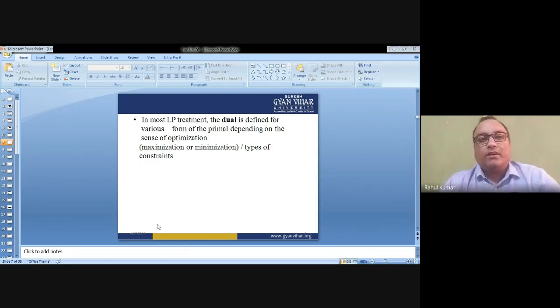Here, there are a lot of differences between the dual and the primal function. The primal function is always used as a maximization of the problem, but the dual function is always used as a minimization. Means this function minimizes the solution, right?